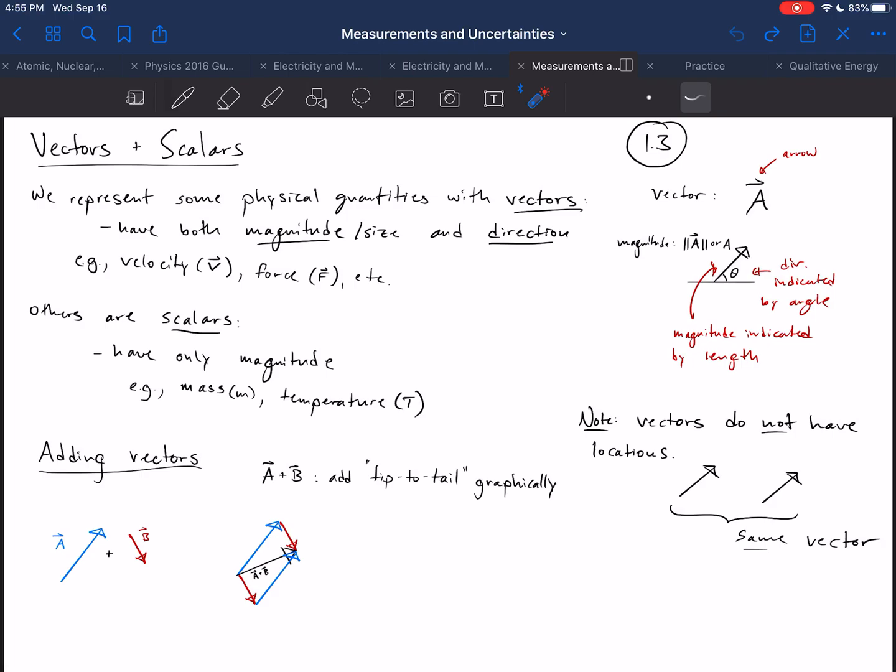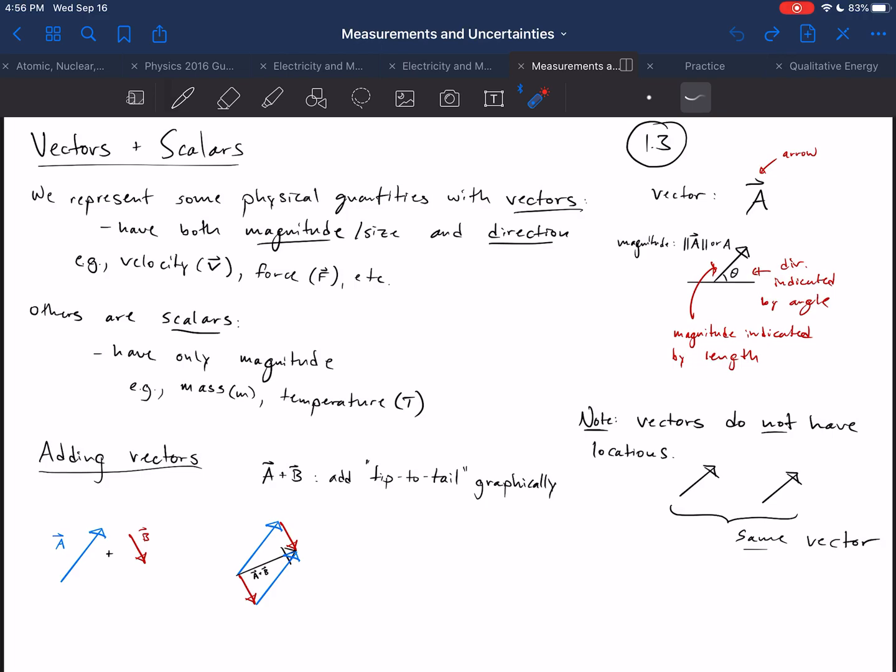They have length and direction. When we indicate the direction, we do so in a number of different ways. We can say up or down, left or right, east or west, or sometimes southeast.